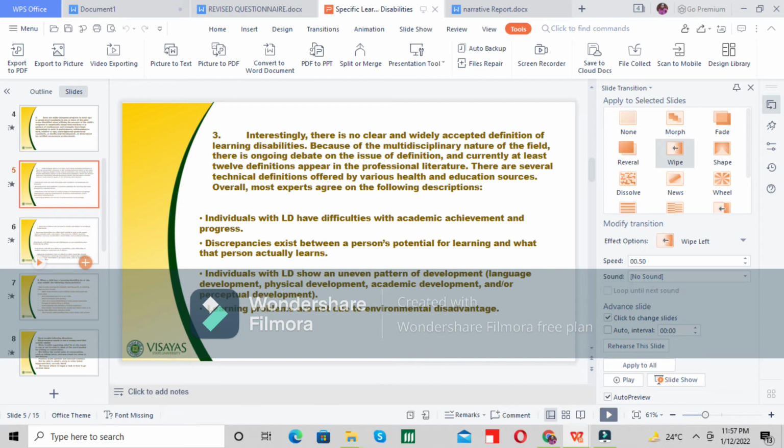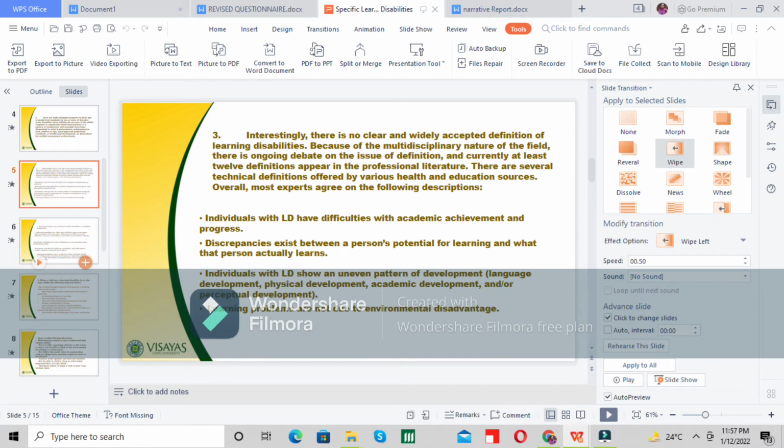such as language development, physical development, academic development, and perceptual development. So all those things that I mentioned are not balanced.